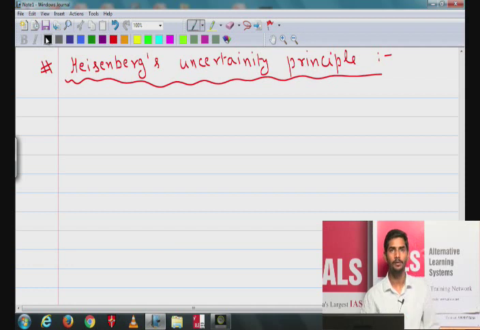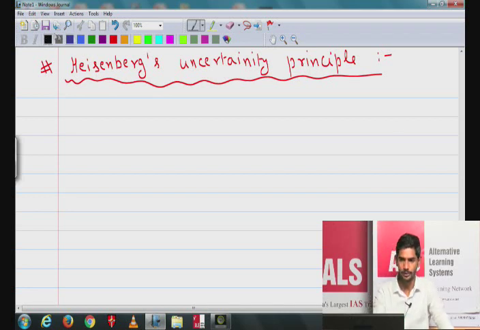See, what did Heisenberg say? Heisenberg simply said that it is not possible to determine simultaneously the exact position and momentum, or we can say velocity, of a moving electron in an atom.